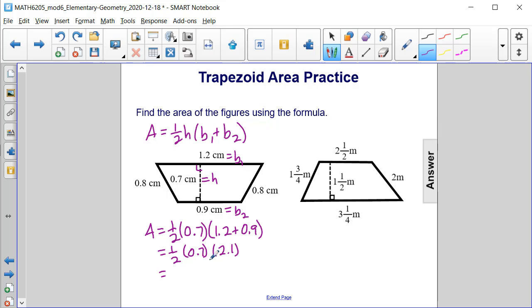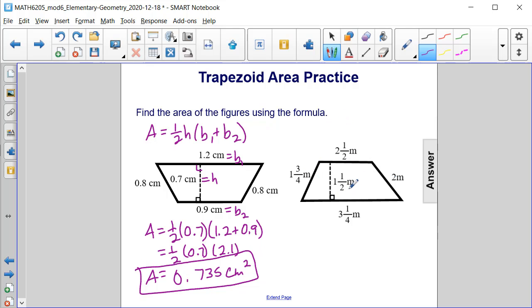And then if we multiply all these together, we will get 735 thousandths square centimeters for the area of this trapezoid.